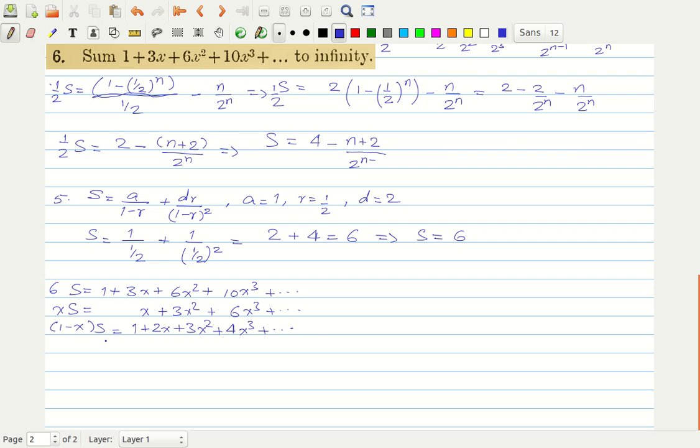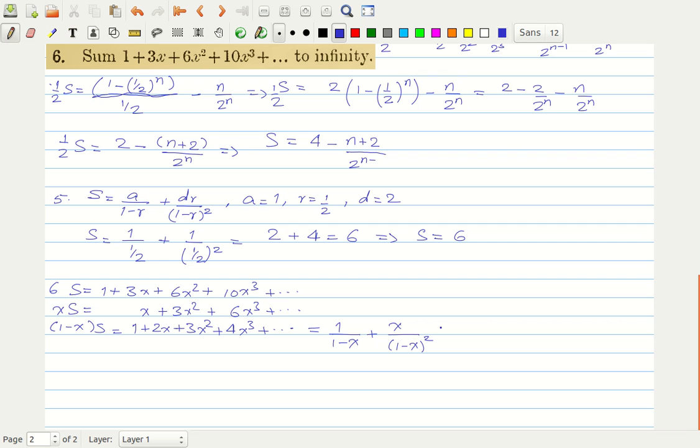So what we know is that this is going to be equal to a divided by 1 minus r, so it is 1 divided by 1 minus x plus d. d is 1 here, 1, 2, 3, 4, 5, so d is 1, 1 times x divided by 1 minus x square, right.